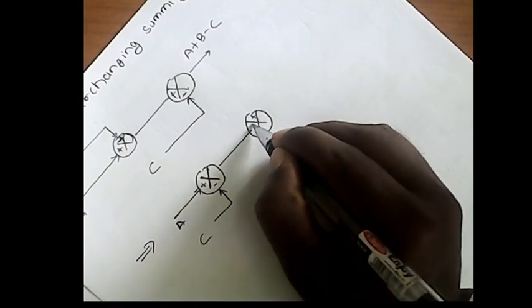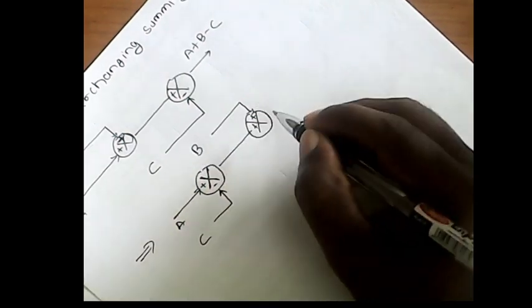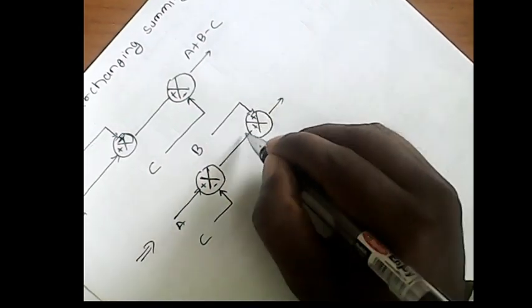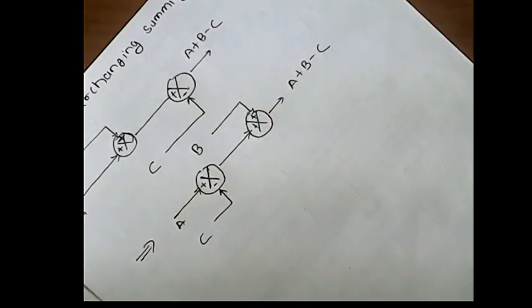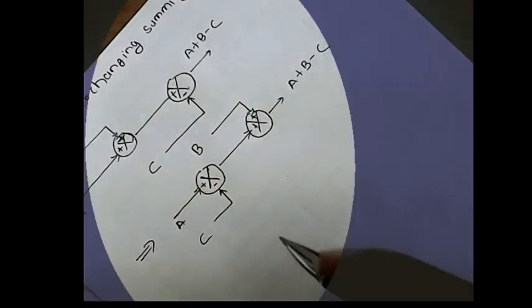So A plus minus input C, then B. So the output will be A plus B minus C. So this is after interchanging the summing points.